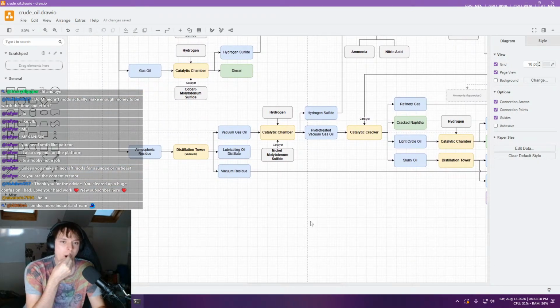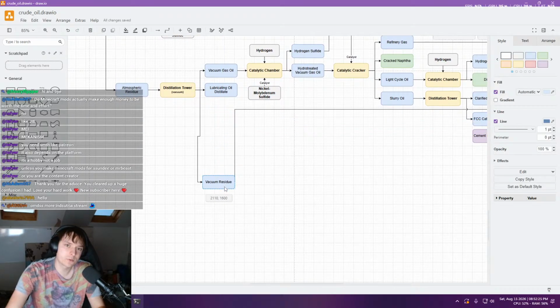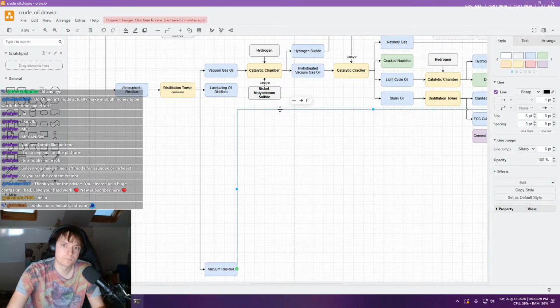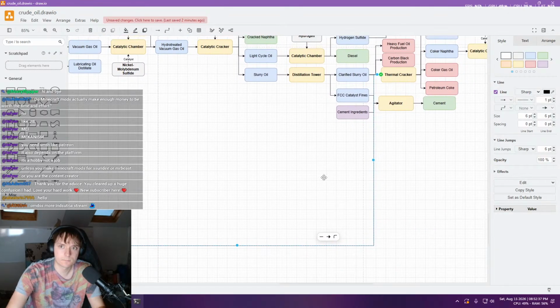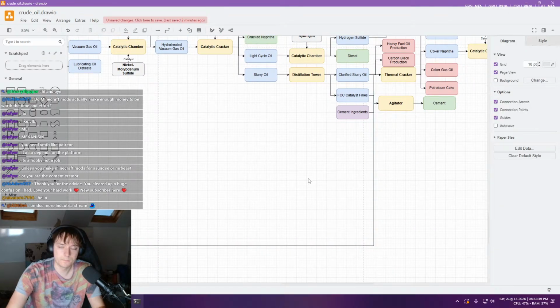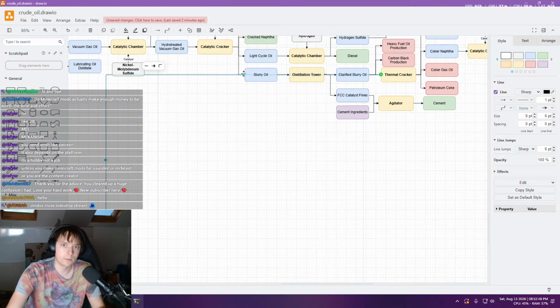We're also massively running out of space here. Let's just pull this all the way down. I have a feeling we're going to need quite a bit of space. I don't like... Do it like there.